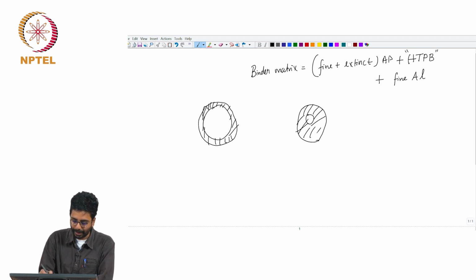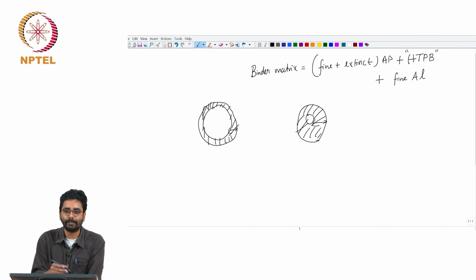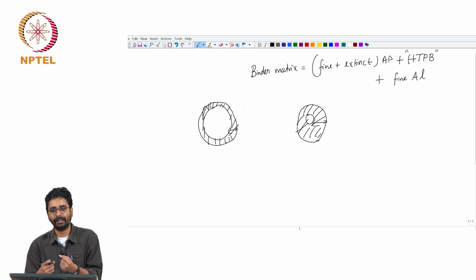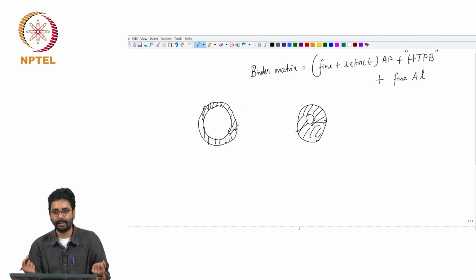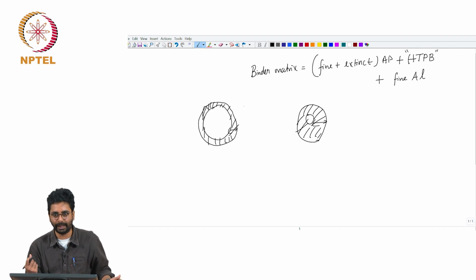I want you to imagine that this thickness is the same as this thickness, just that this now will have a lot more binder than AP. You may ask, what is the basis for this? There is some experimental evidence that suggests this approximation is okay. Assuming this gives us a certain oxidizer to fuel ratio, which says that the distribution is very wide: there are particles which are almost pure AP, and there are particles where half of it is binder.